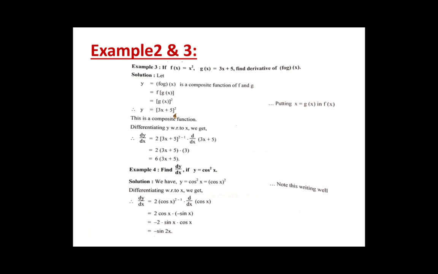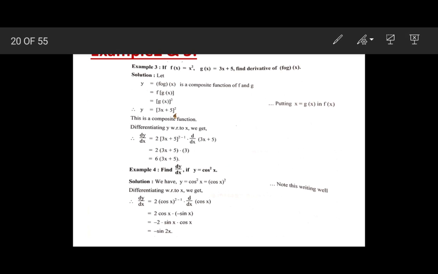Let's see some more examples. Here f of x is given as x square and g of x is given as 3x plus 5. The question is to find the derivative of f dot g of x. Now y is f dot g of x, a composite function, which means f of g of x.